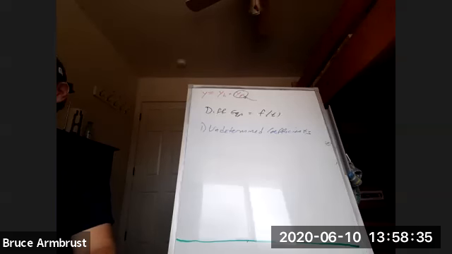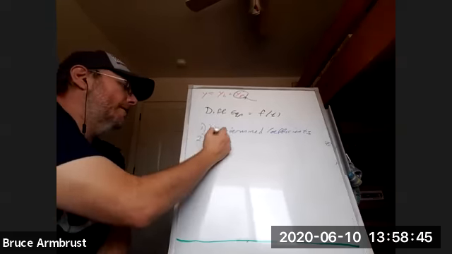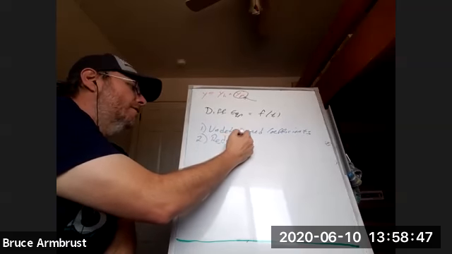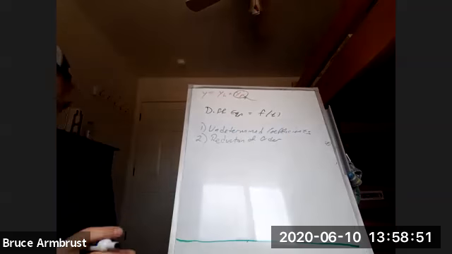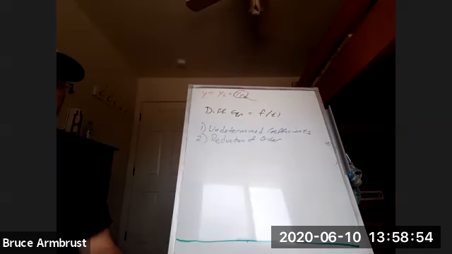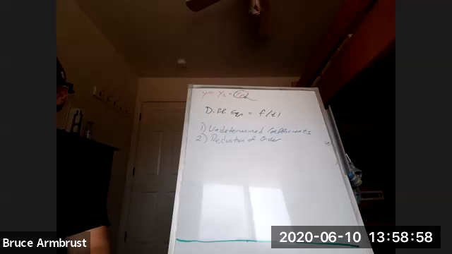Multiplying by t's or t squared or t cubed or whatever in order to make sure that we don't have overlap. Right? So undetermined coefficients was one of the things that we did. Another thing that we did was reduction of order. Do you remember what we needed in order for us to do reduction of order?